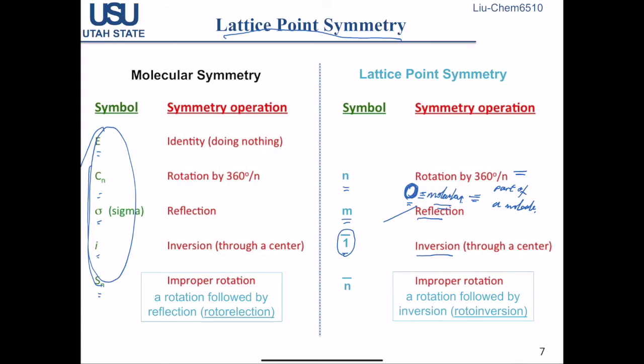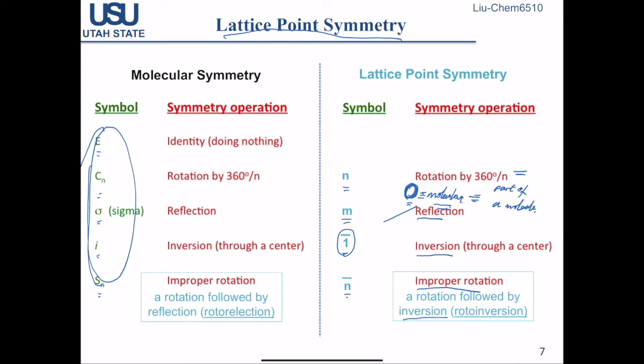We use dash n to symbolize improper rotation. For lattice point symmetry, the improper rotation is defined as rotation followed by inversion. It's different from the molecular symmetry we talked about before.